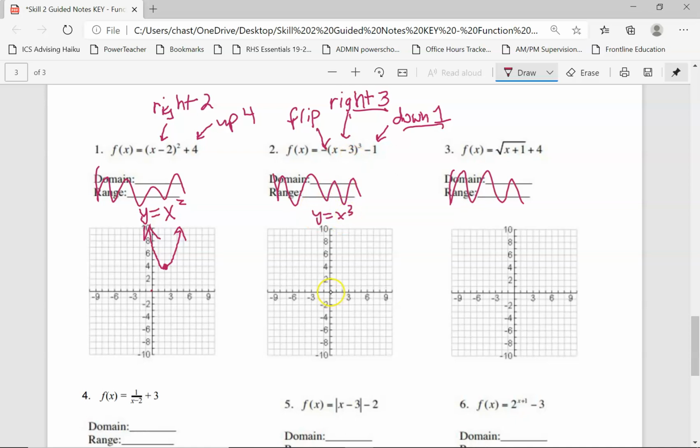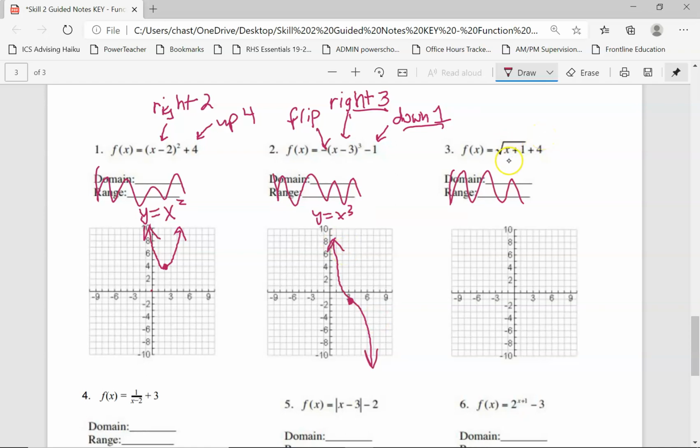Normally it has a point on the origin, so we're going to send it right 3 and down 1. Now normally, don't draw what I'm about to do, but normally you would have a graph like this, but the graph isn't going to look like that because we have a flip. So what's going to happen instead is that we're going to graph like this. Okay.